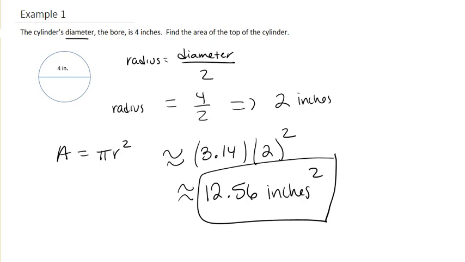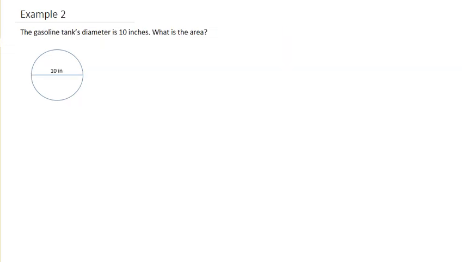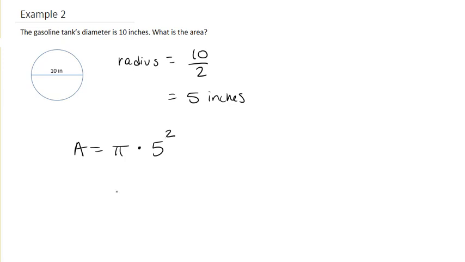So now let's continue to our next example. Example 2. The gasoline tank's diameter is 10 inches. What is the area? So our first thing to do is find the radius, which is 10 divided by 2, which is equal to 5 inches. Next, we find the area by multiplying pi times 5 squared.